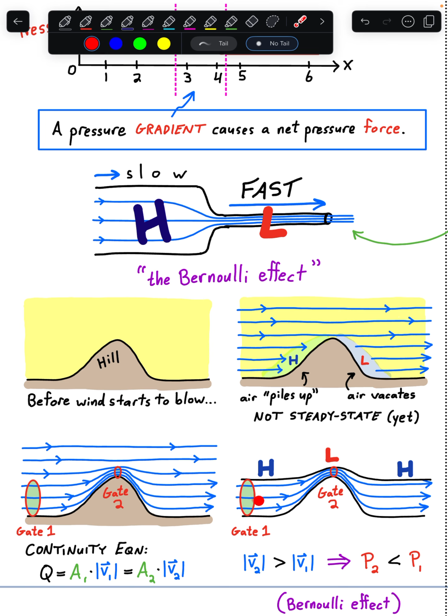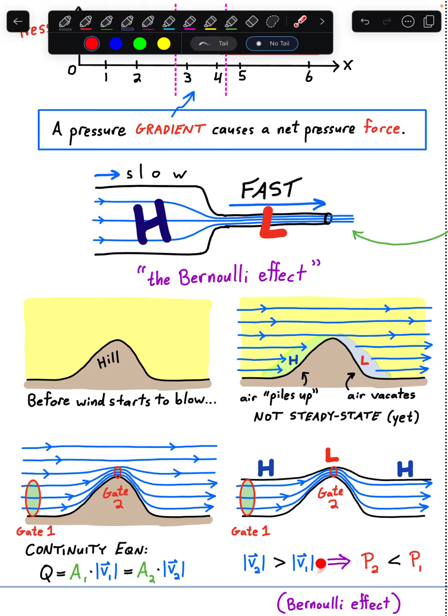So our air has to speed up as it goes over the hilltop. Part of the reason that we often get very high winds on the tops of mountains is that air has to speed up moving over that peak to get past it to the other side. And we've seen that what causes these speed ups are pressure differences.